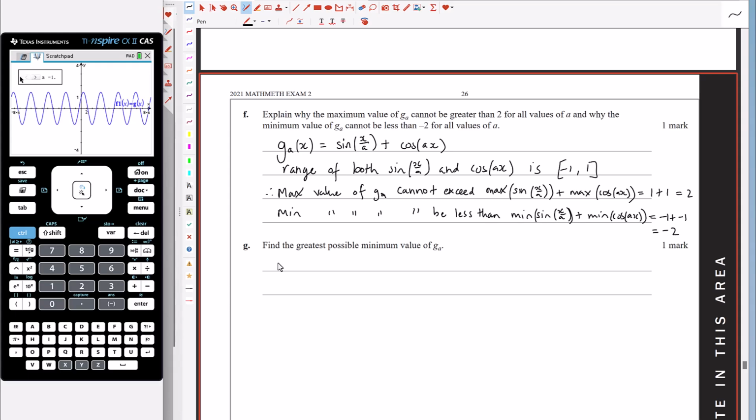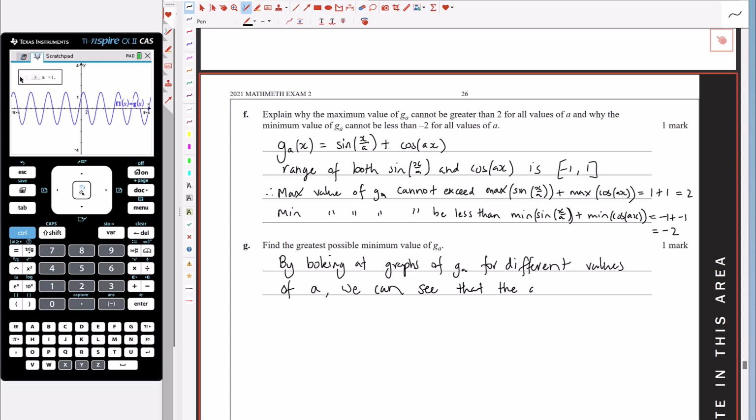Okay, so we can see from the graph, by looking at graphs of GA for different values of A, that the greatest minimum occurs when A equals 1.